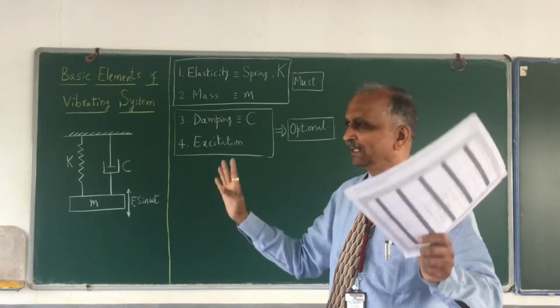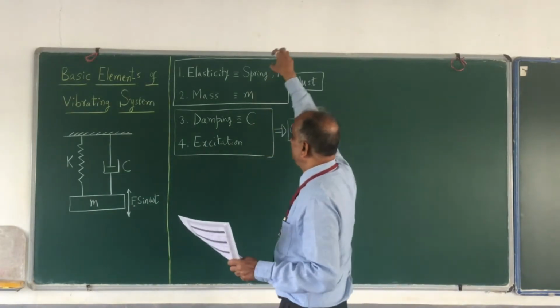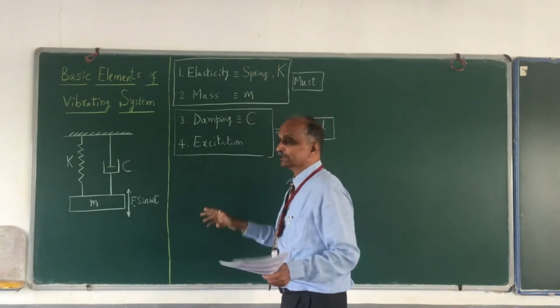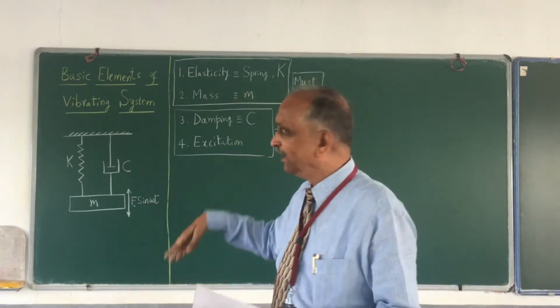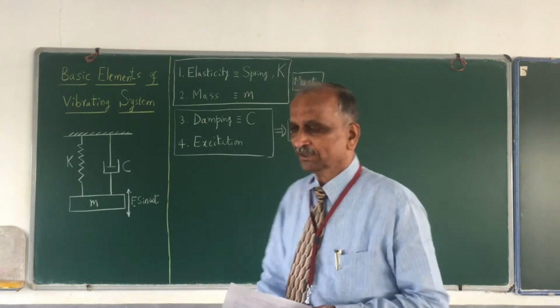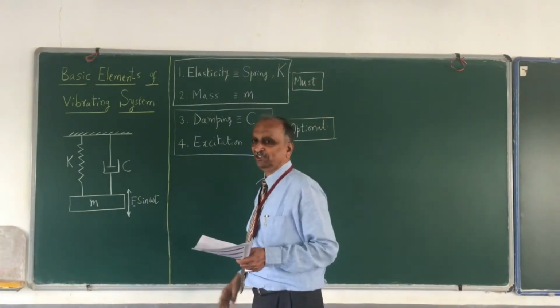So the number of units depends upon the complexity of the system. If the system is quite complex, I may have more components, and accordingly the degree of freedom of the system also changes.